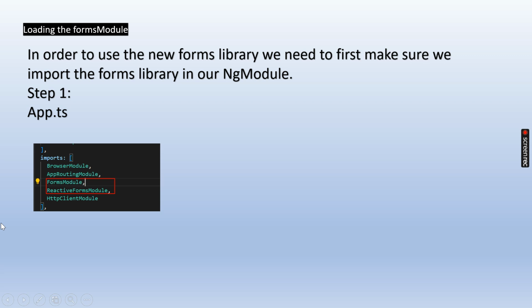Form modules are for simple forms, but reactive forms, with very complicated logic, can be handled using the reactive forms module. So this is the first and foremost step you have to enter in the NgModule, that is app.ts. So in order to use the new forms library, we need to first make sure we import the forms library. So that is the form module and reactive form module, so that your Angular is going to support it. So that is the first step you have to do.